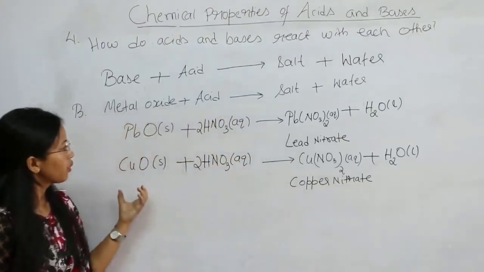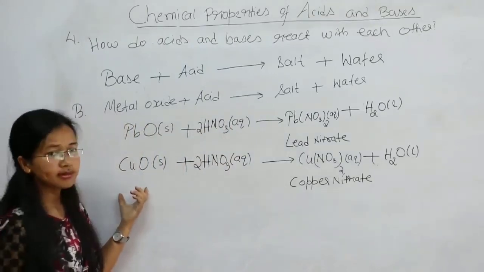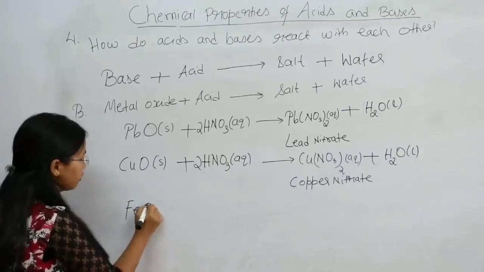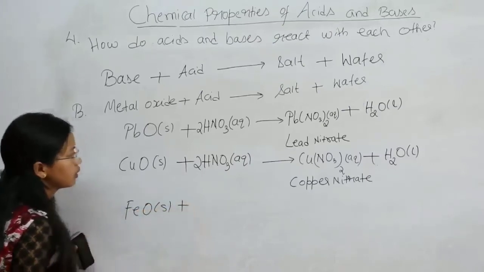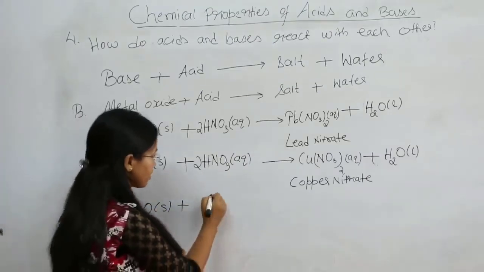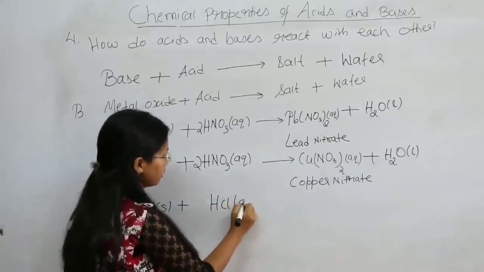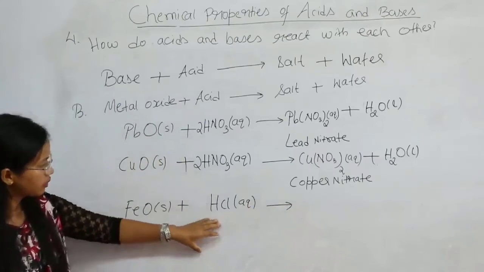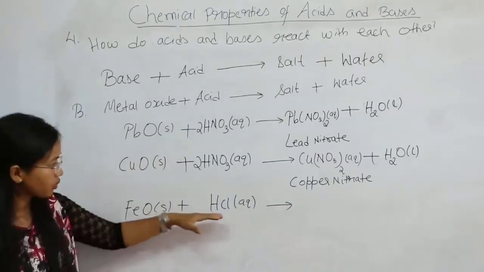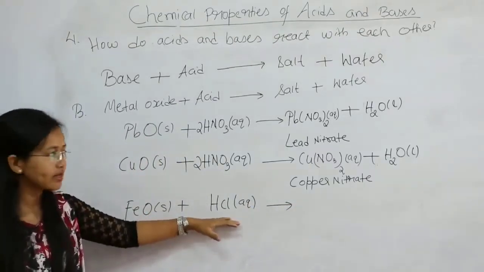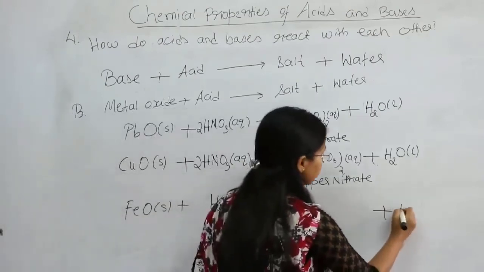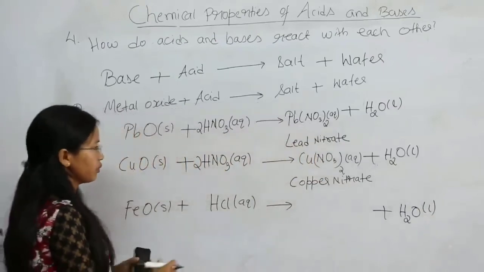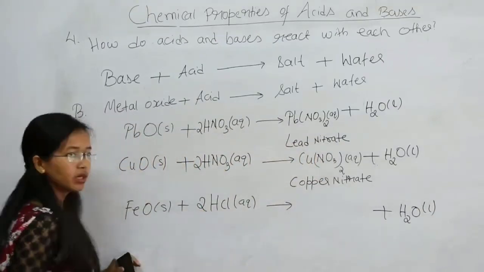Last example, let me take iron oxide, FeO. Let us take with hydrochloric acid, HCl. So what happened here? You need to react iron oxide with hydrochloric acid. We will get H2O liquid. So same thing, we need to balance, we'll multiply here by 2.